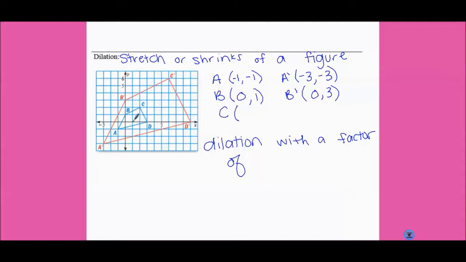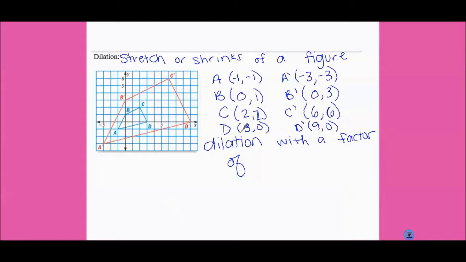Let's look at C. Oh, sorry, this was at 2, 2. And it ends up at 6, 6. And D was at 3, 0. And it ends up at 9, 0. What do you notice about all these coordinates and how they might be changed into these coordinates?